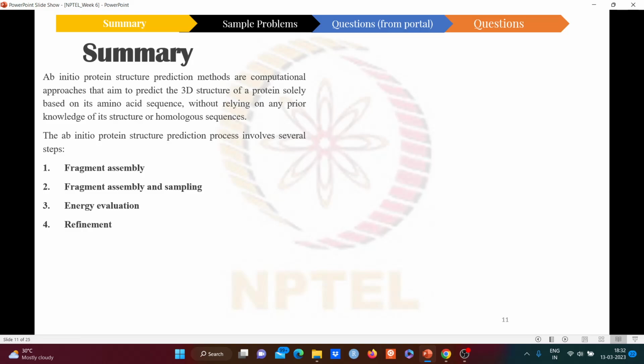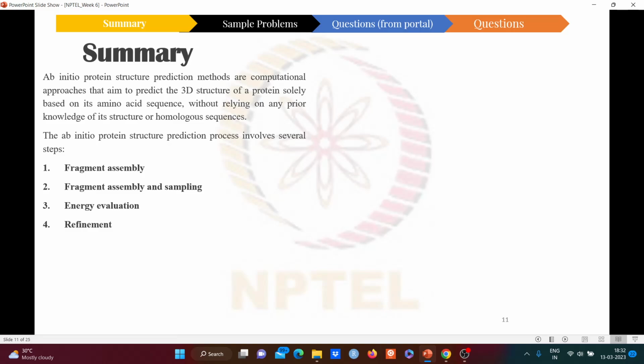The next step is to assemble these fragments into a 3D conformation of the protein. This is done by performing a Monte Carlo search through the conformational space, which involves randomly selecting and rotating fragments and evaluating the energy of the resulting conformation. This process is repeated thousands or millions of times to generate a large number of possible conformations.